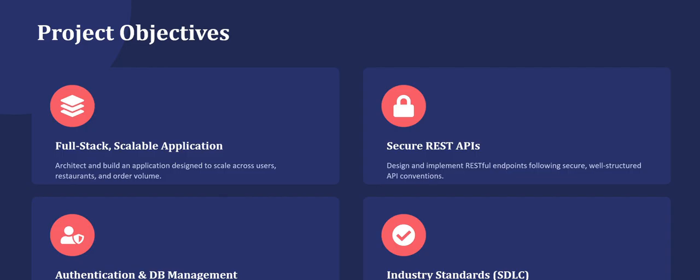Authentication was another key objective of this project. Users should register, log in securely, and access only the features they are authorized to use through generating a JWT, and storing the password as a hash password, without storing direct text passwords, by using a library.